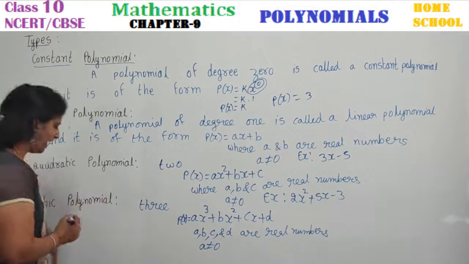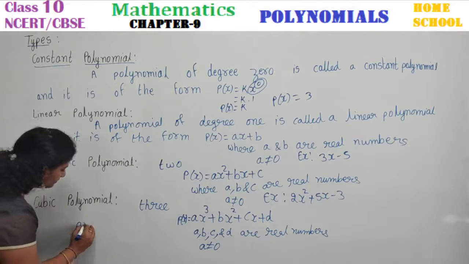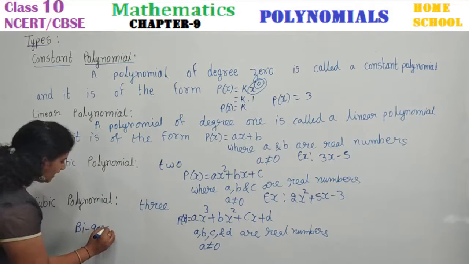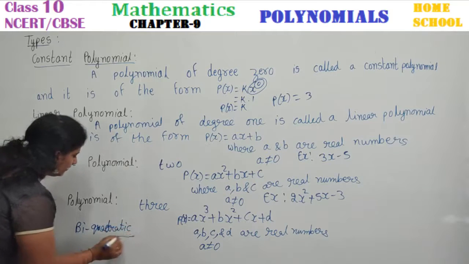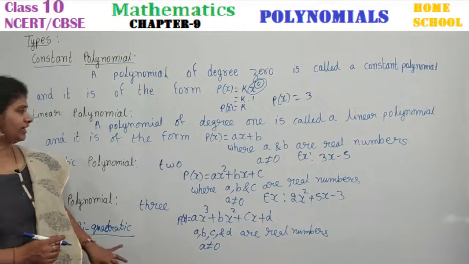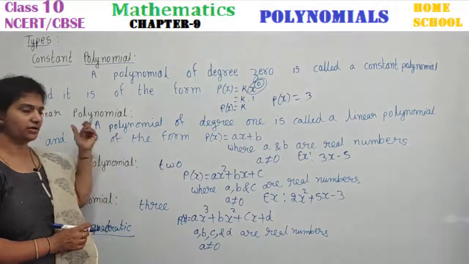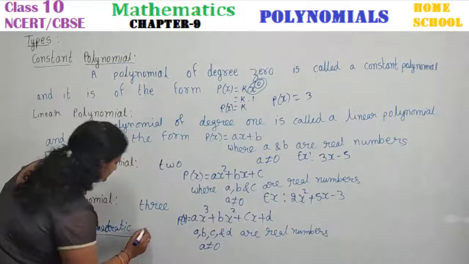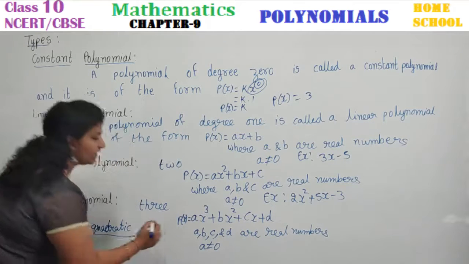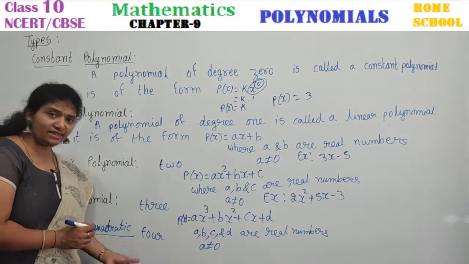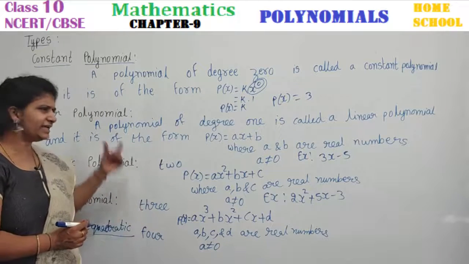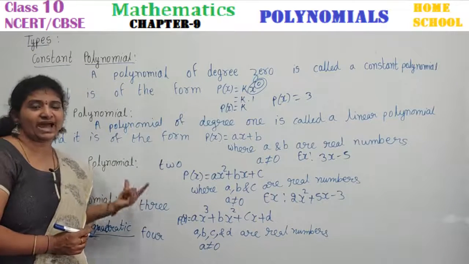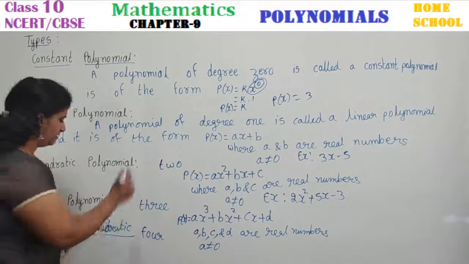Next, coming to biquadratic polynomial. A polynomial of degree 4 is called a biquadratic polynomial, and it is in the form of, what is it? The standard form of the polynomial.